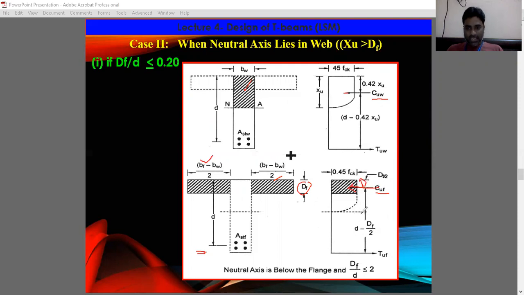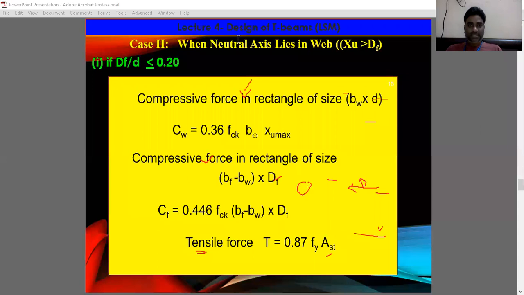From here to here it is d, so the lever arm is d minus Df by 2, right? After calculating the Xu value, you can calculate the moment of resistance. That means the compressive force taken by the web into its lever arm, plus the compressive force taken by the flange into its lever arm, that is d minus Df by 2, right? So like this you have to determine the moment of resistance.